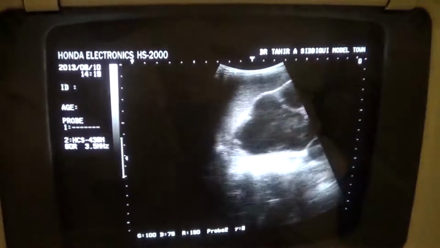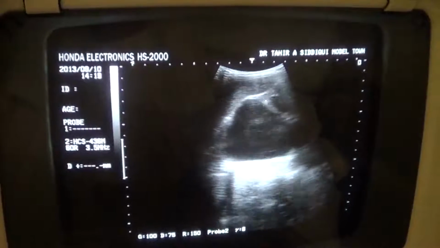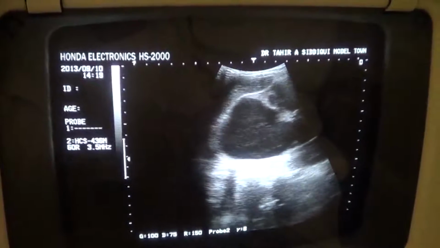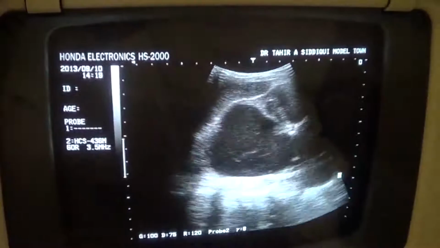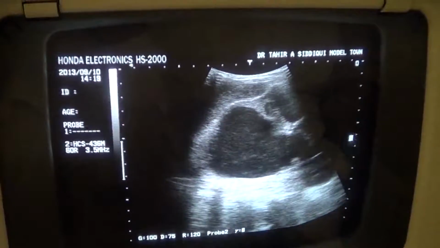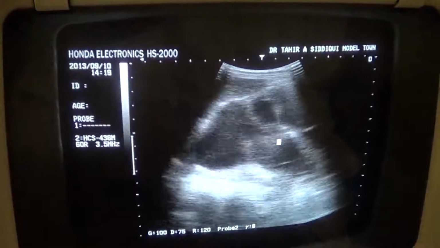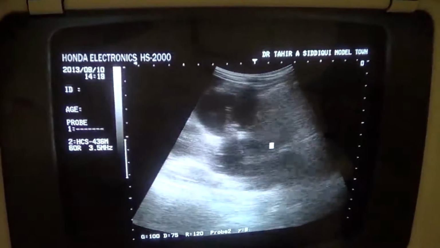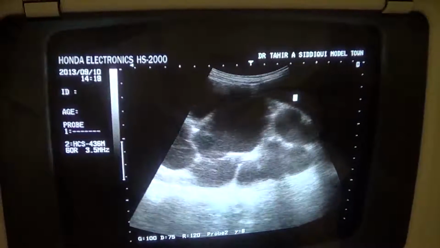Now this is the spleen. This is the upper pole of the left kidney. As you can see, this is the psoas muscle, and the kidney is gliding over it. This is the upper pole, this is the mid region, and this is the lower pole.